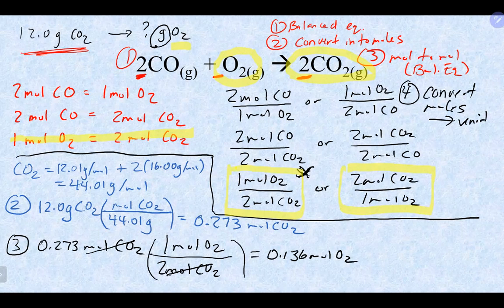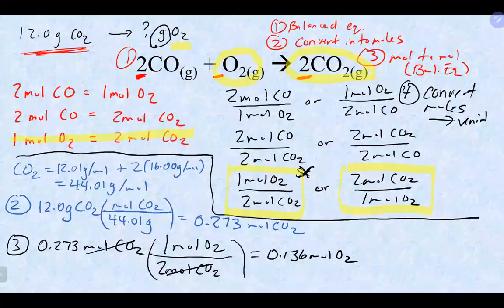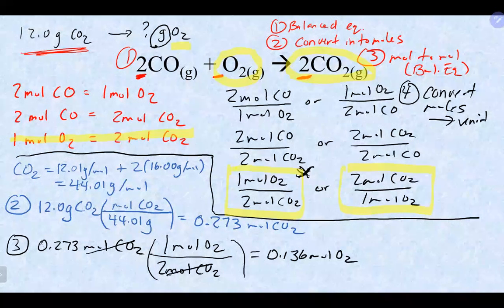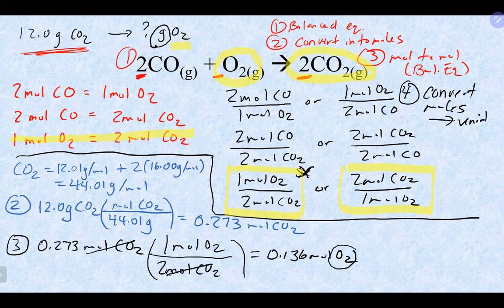If I have moles here and I want grams, I once again need the molar mass from the periodic table. I need the molar mass for what thing at this point? O2, yeah, because we're no longer at CO2, right? So with the stoichiometry, we are now at O2, so we actually now need to calculate the molar mass for O2.